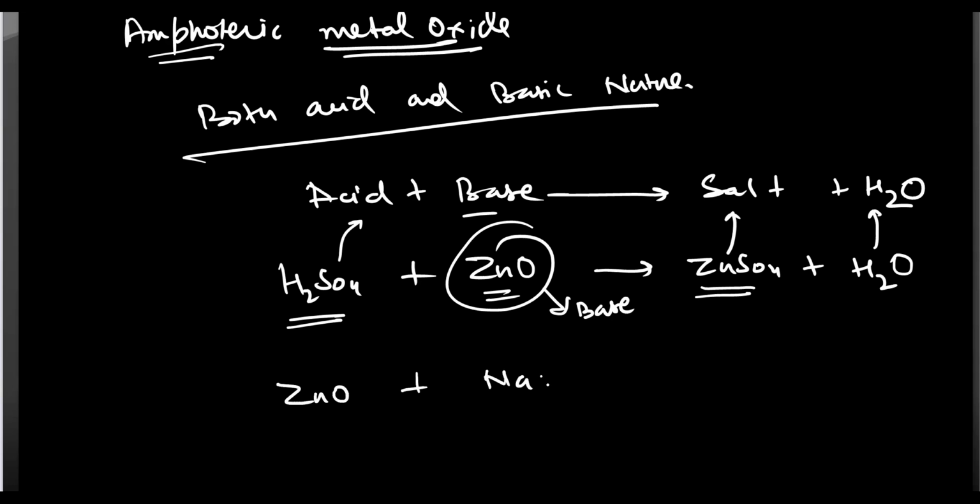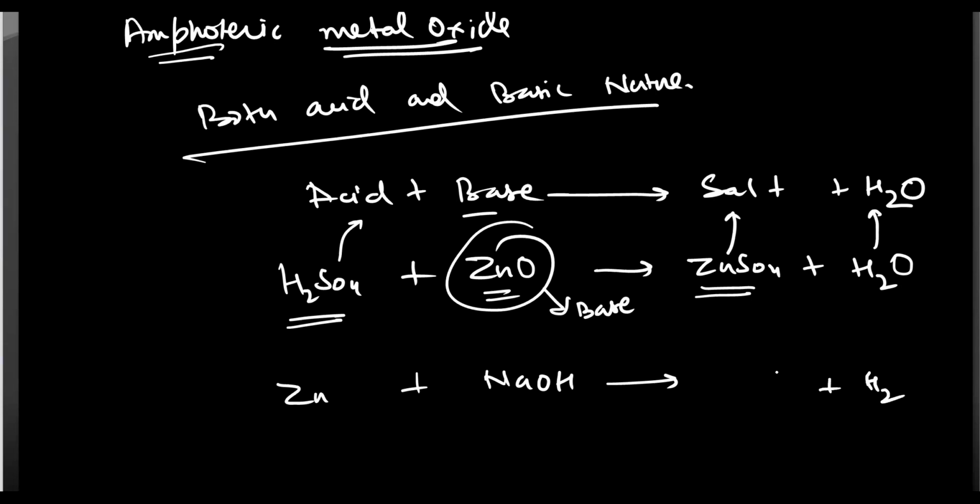Now moving to the next question: ZnO when it reacts with NaOH, it forms what? If Zn reacts with NaOH, what would happen? Tell me. Na2ZnO2 plus H2. What is the name of the compound? Sodium zincate.